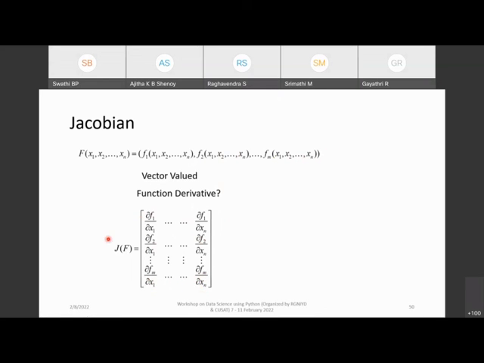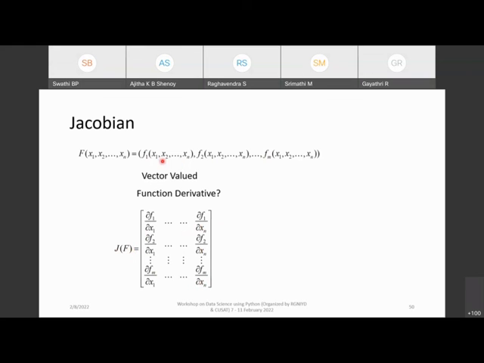So if you want to find the derivative of a vector valued function, it will be a matrix of this form, where each row represents the gradient of a function. Here there are m functions, and each row represents the gradient of that particular function. First function, first row; second function, second row; then mth function, mth row.